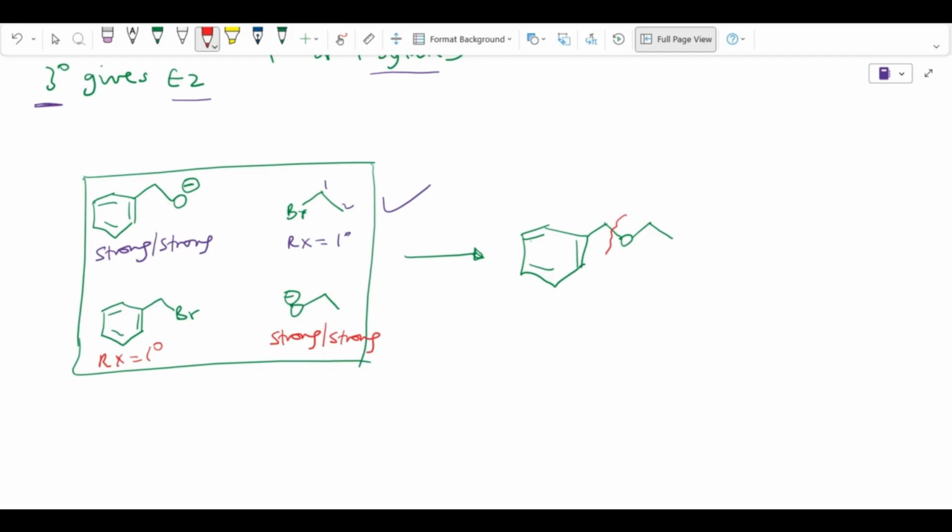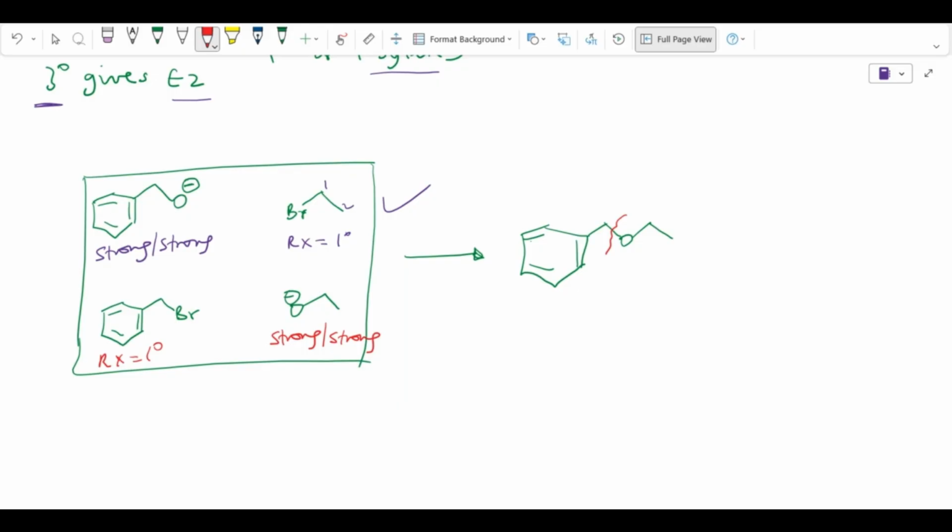So after doing this, you must test the mechanism of your reaction in order to see if it can actually make the ether. If you determine that the mechanism of the reaction is SN2, then you know that your fragments or your reactants are correct. However, if the reaction is going to do a different mechanism from SN2, then you don't want to use those fragments or those reactants, because those will not form the ether.